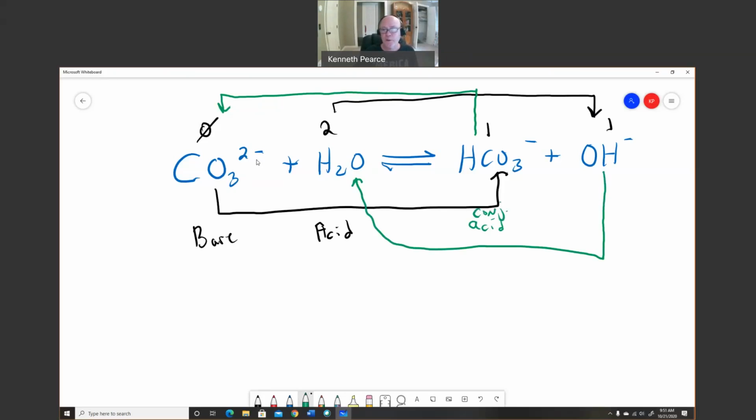Don't forget the conjugate part, the conjugate base. Now, practice makes perfect on this, but basically you're counting how many hydrogens you gain or lose out of the molecule from one side to the other. So that's how you identify the acid, base, conjugate acid, and conjugate base.